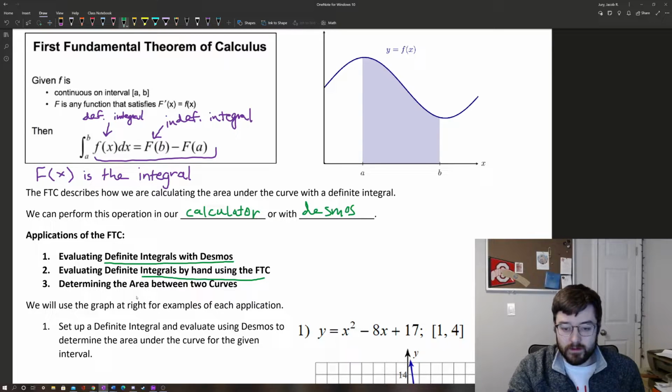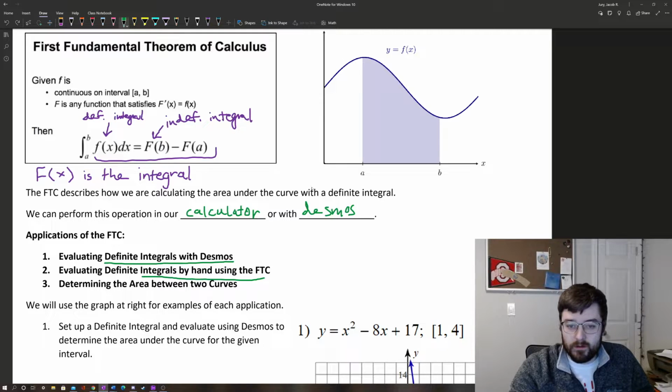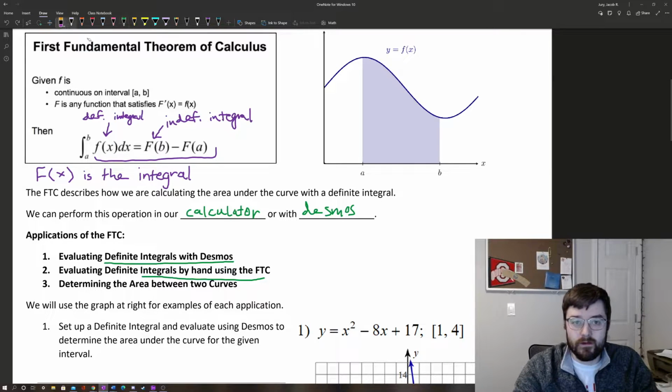Determining the area between two curves is the third thing that we'll be doing with this activity, or with this theorem. Before we move on, the fundamental theorem just has this subtraction of two integrals here. We know that an integral means the area under the curve.